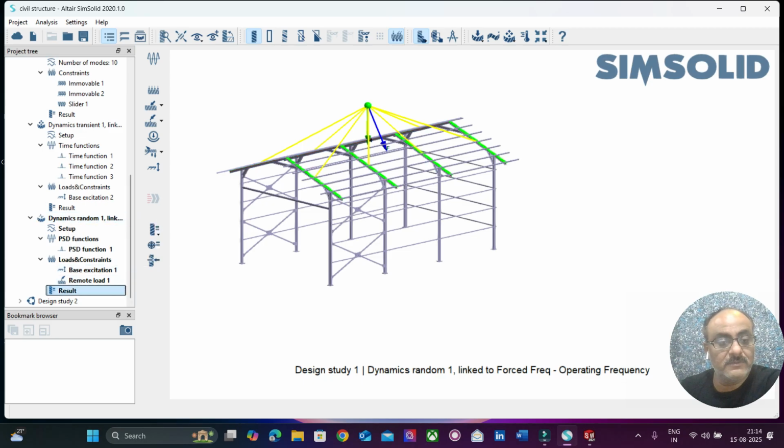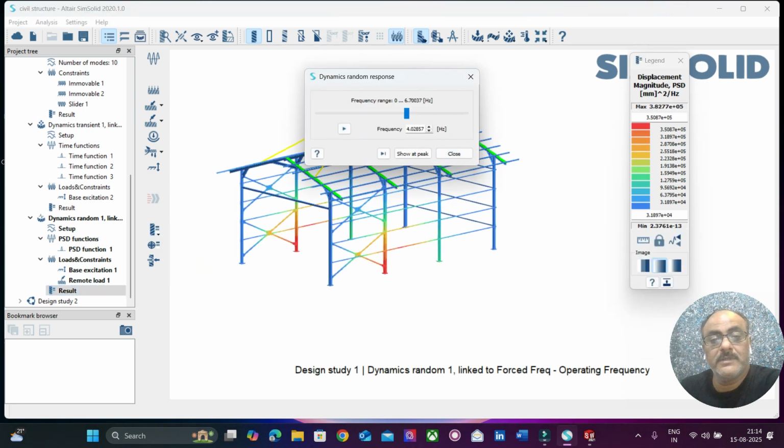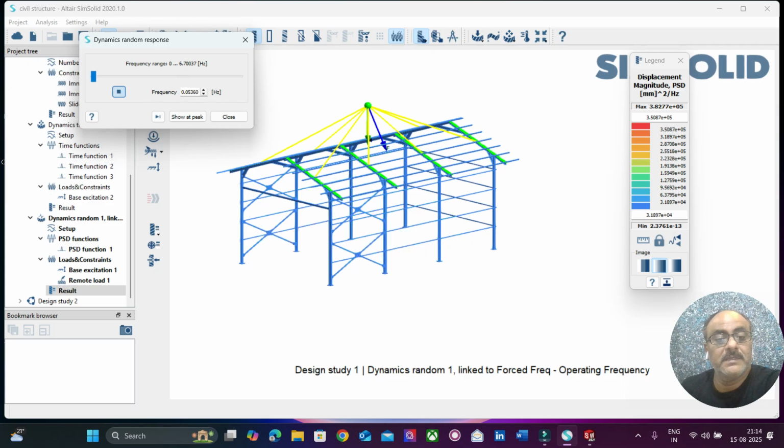And then we perform a simulation. So this is how the deformation looks like. So for a very small time period, this vibration is going to be applied onto the structure.